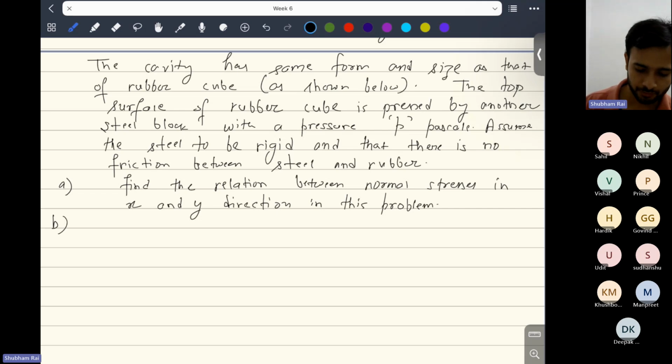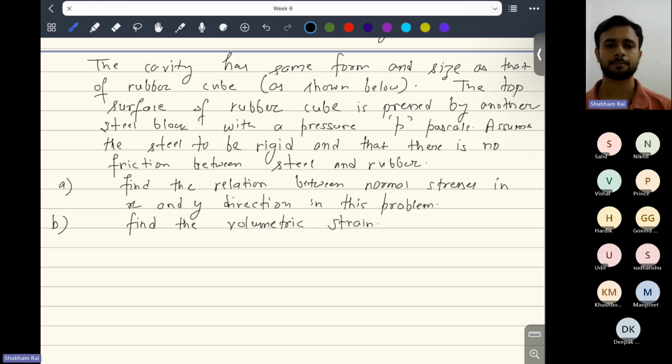And in part B, you have to find the volumetric strain.